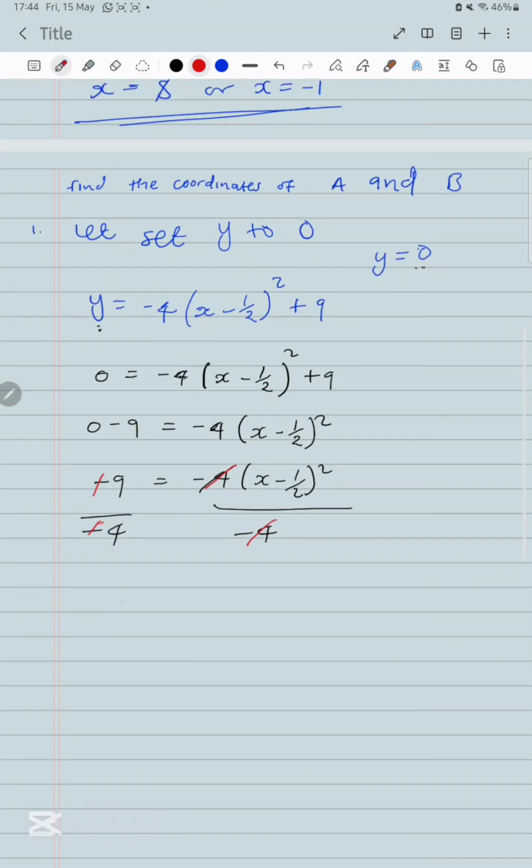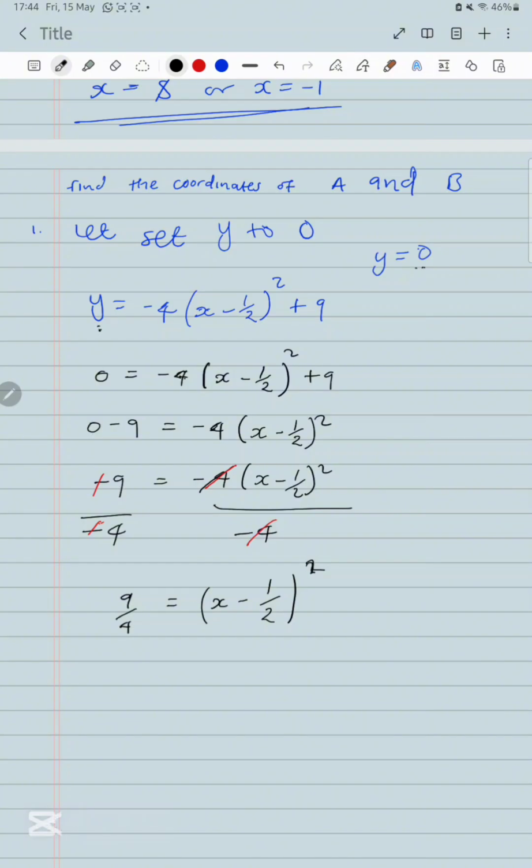Meaning we have 9 over 4 is equal to x minus 1 over 2, squared.